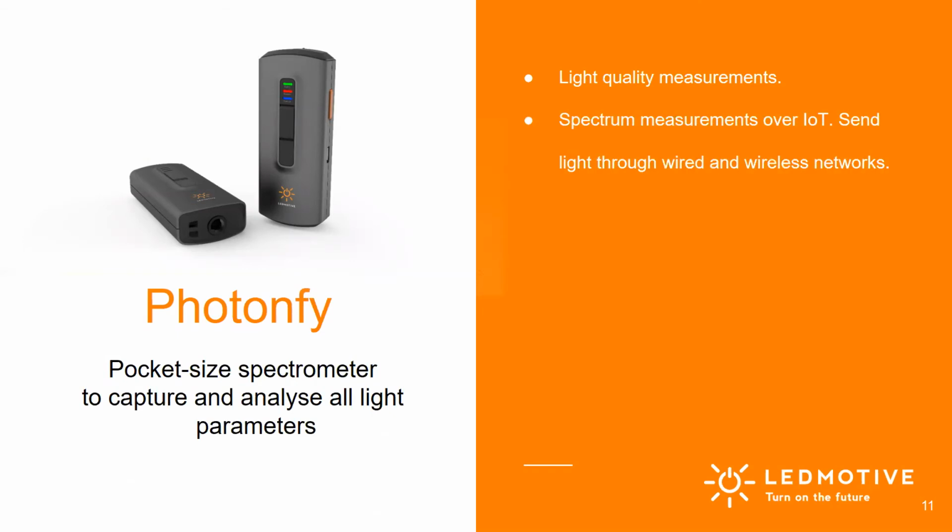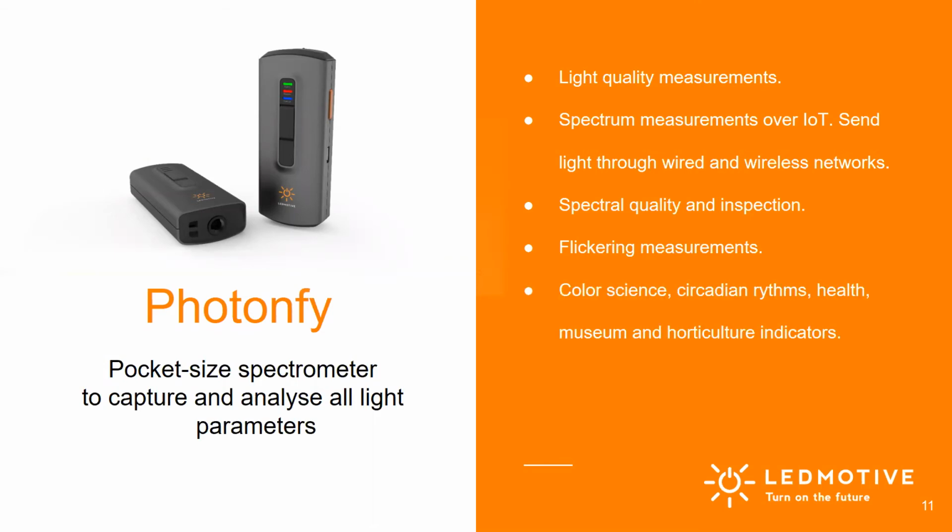It works over the Internet of Things, meaning that it can send the measured light through wired and wireless networks, making it easy to access. And it can be used for spectral quality inspection, for flickering measurements, for color science, circadian rhythms, health, museums, and horticulture indicators, and to measure dynamic sequences of light.